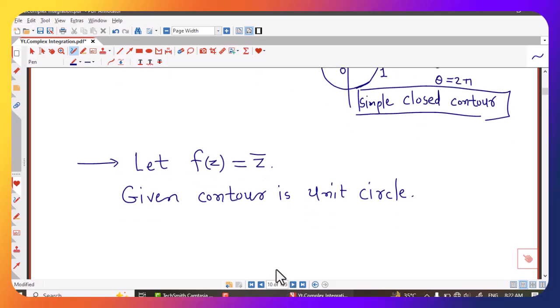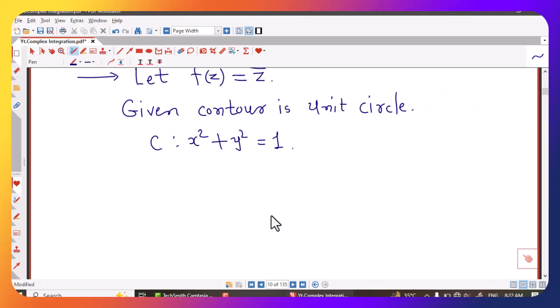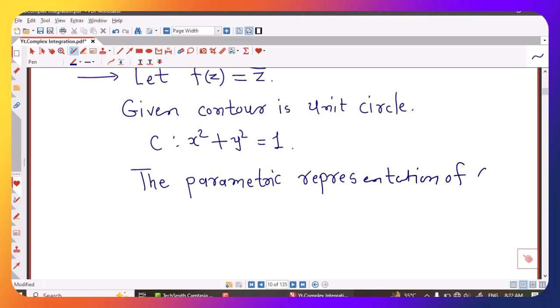We know that the unit circle is given by x square plus y square equal to 1, and the parametric representation of this curve C is z equal to r into e raised to i theta. Here r is 1, therefore we have z equal to e raised to i theta, and theta lies between 0 and 2 pi.